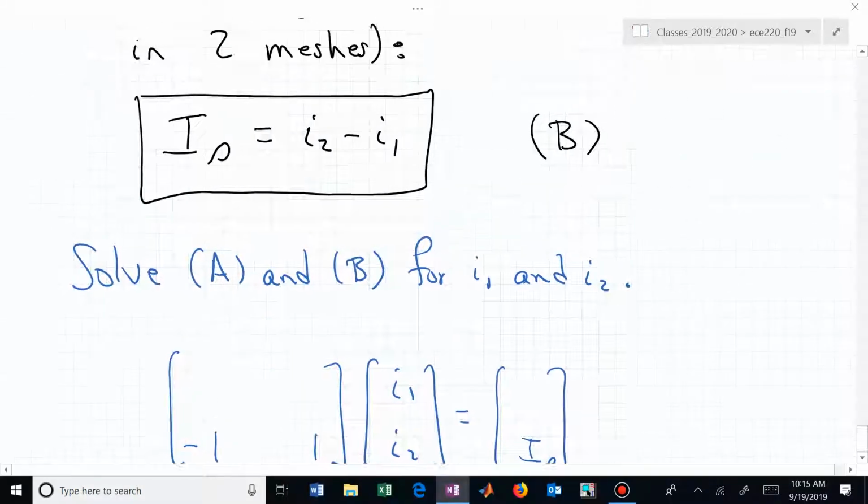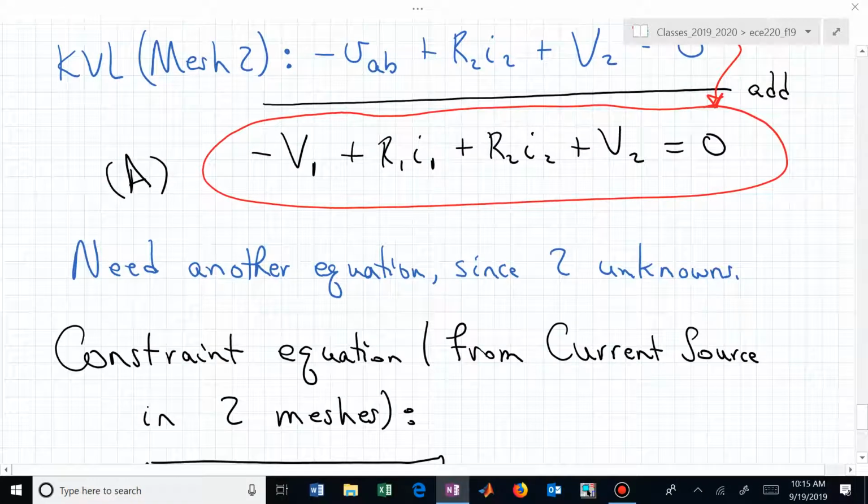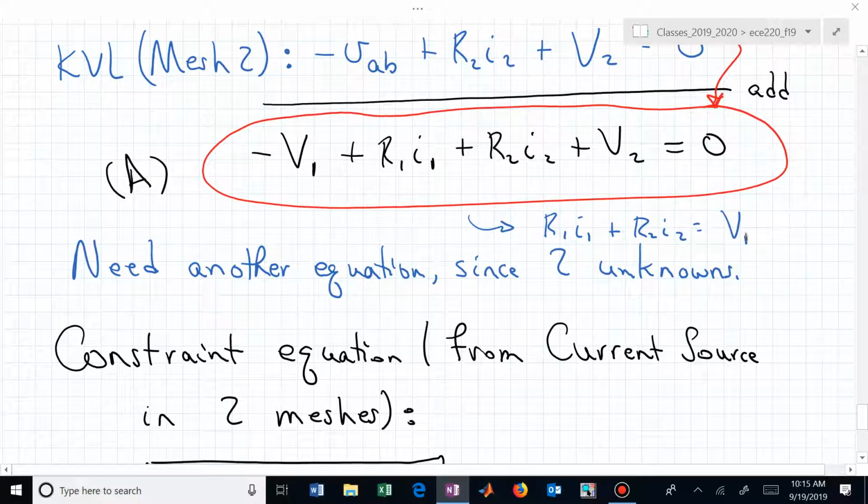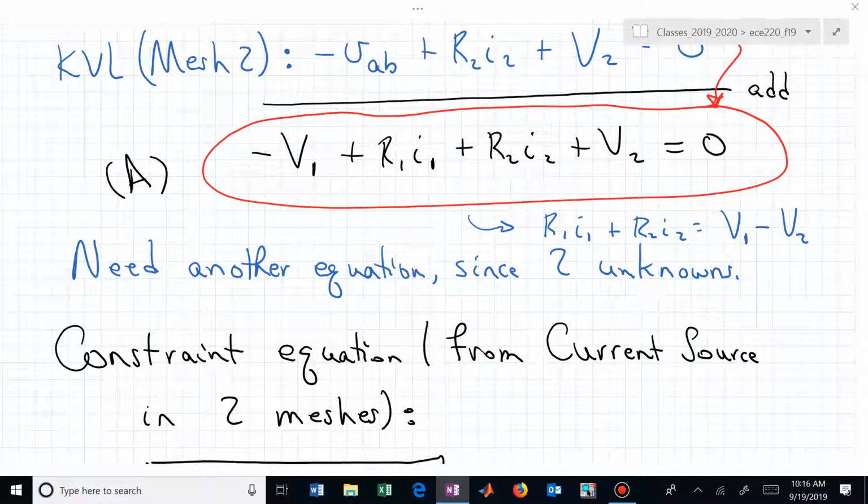What if I now tried to put A into a matrix form? Now I might want to rewrite this as R1 I1 plus R2 I2 is equal to V1 minus V2. My right-hand side is V1 minus V2. R1 scales I1. R sub 2 scales I2.